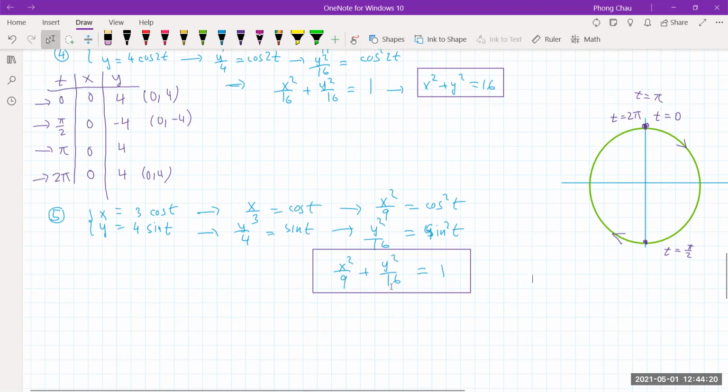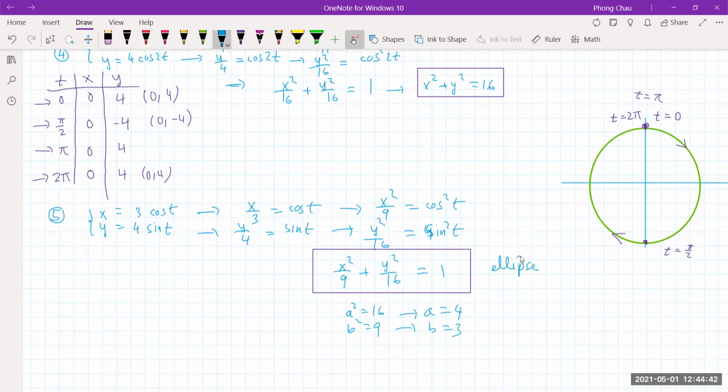So recall this is the ellipse, and for the larger, a squared is 16 and b squared is 9. You can solve for a and b, and the center is still at the origin, but here we end up with an ellipse. Then you plot the table like this, and you can see which way it goes.